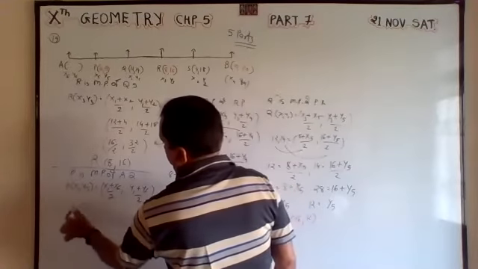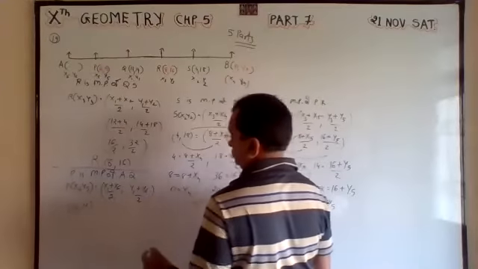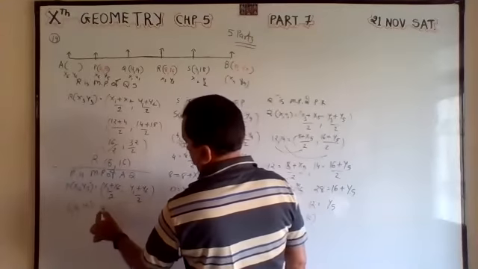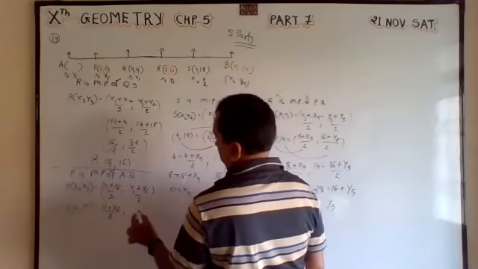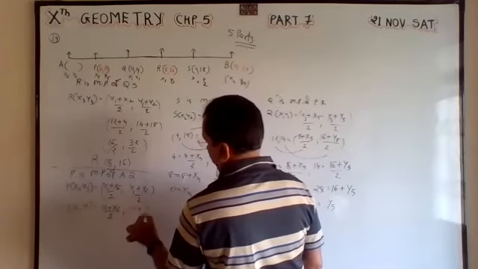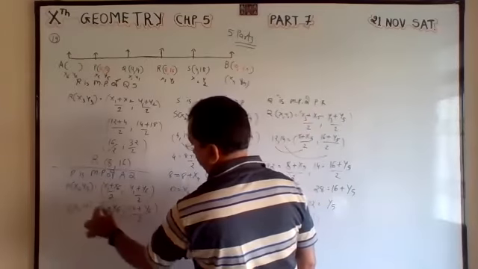That is 16, 12 equals 12 plus x6 by 2, 14 plus y6 by 2.